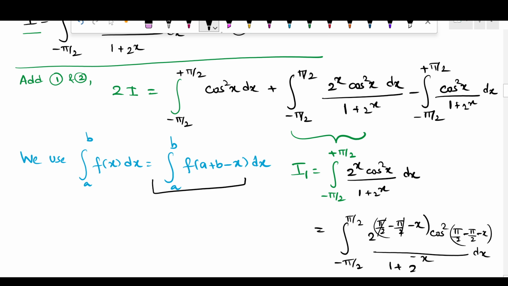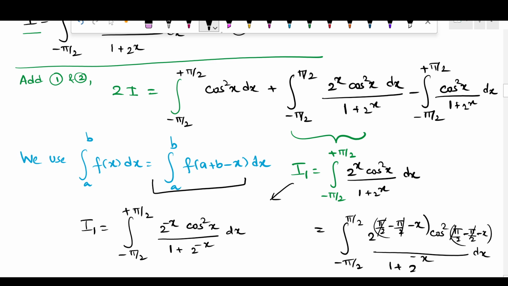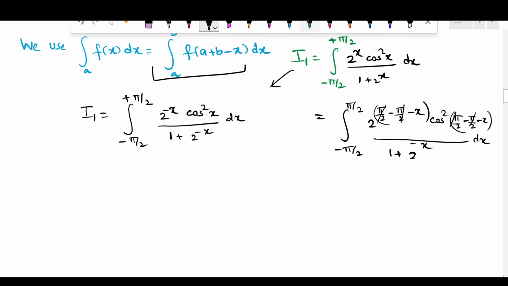So this integral I1 will become what? The integral from minus pi by 2 to plus pi by 2 of 2 raised to the power minus x, and this is cos square, negative x is same as cos square x, upon 1 plus 2 raised to the power minus x dx. Is this clear to all of you till now? See, your I1 becomes what?